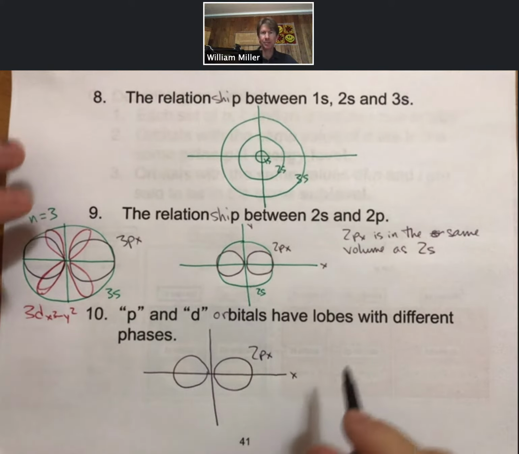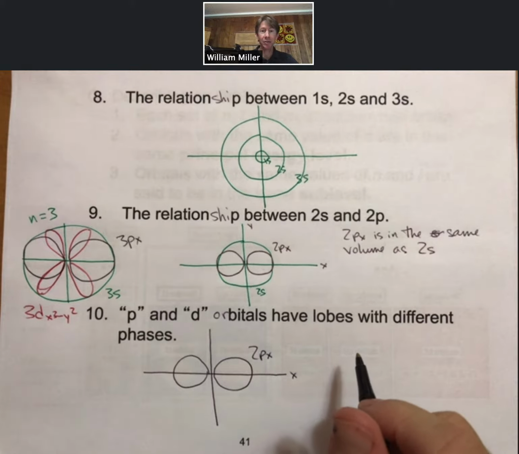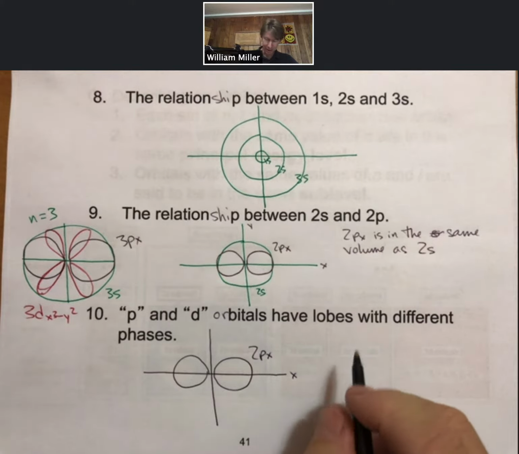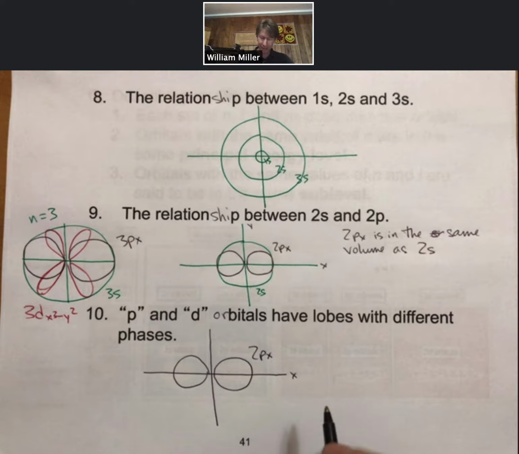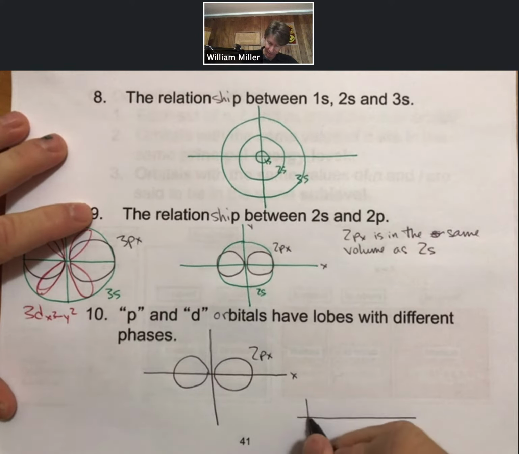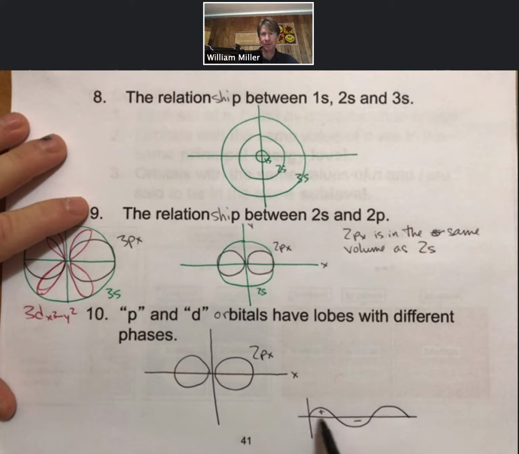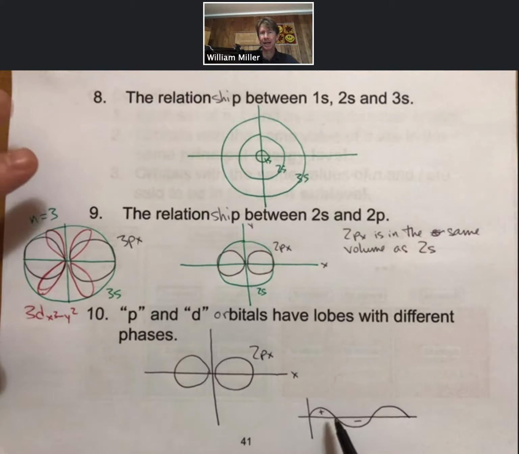Because these are based on wave functions, and waves have both positive and negative places, let me just draw a wave. Waves have positive and negative spaces in them, and that's just a handy way to keep track of the top and bottom of a wave.